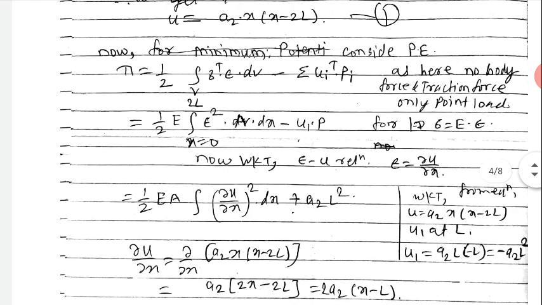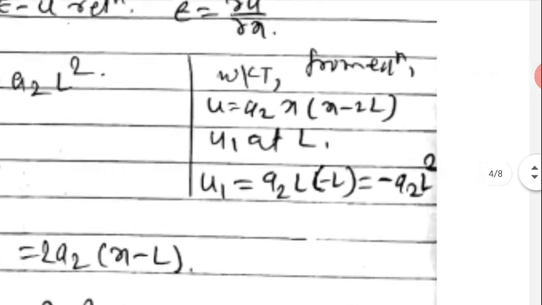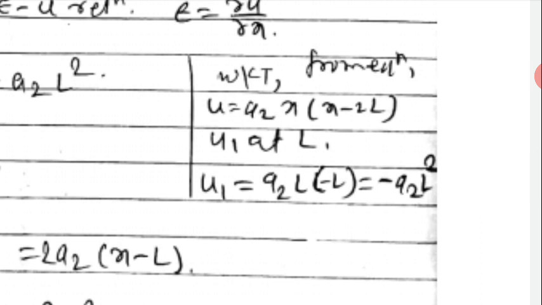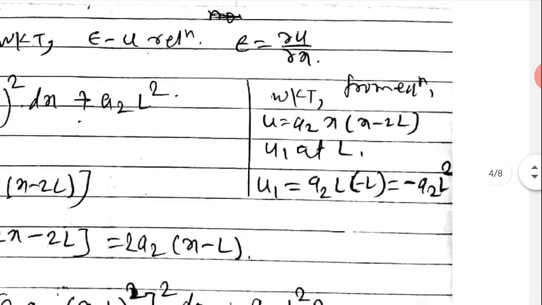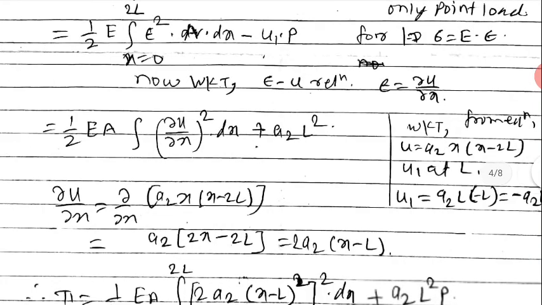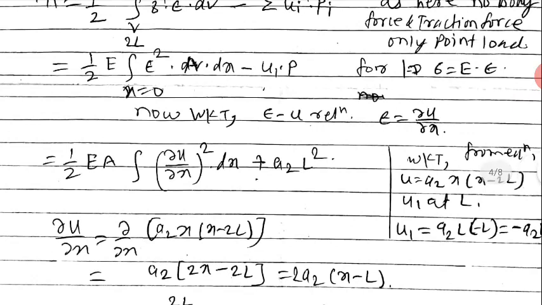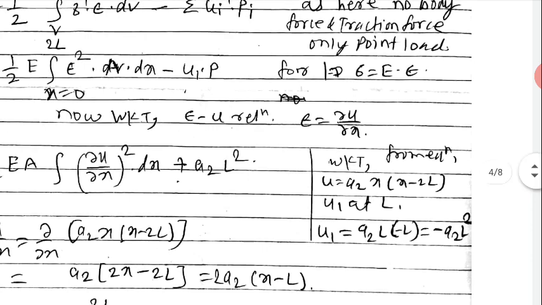We have taken the u equation that we have already found, u is equal to A2 into x in bracket x minus 2L. If we put x equal to L, you will get the value of u1. So we have taken this value of u1 at length L, so it is A2 minus A2 into L square, and we have put that in the equation.